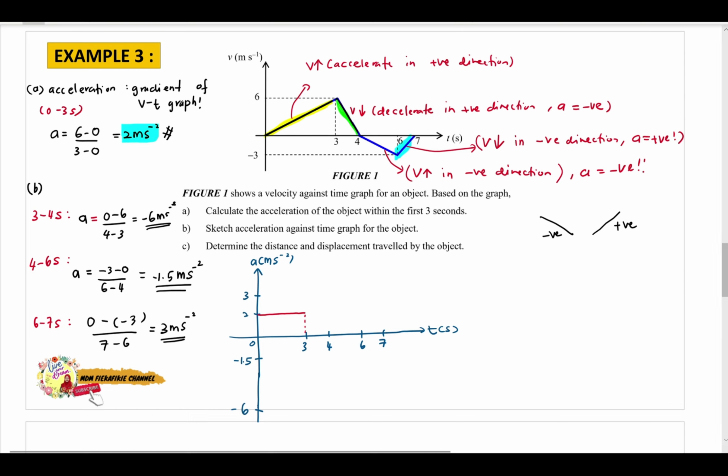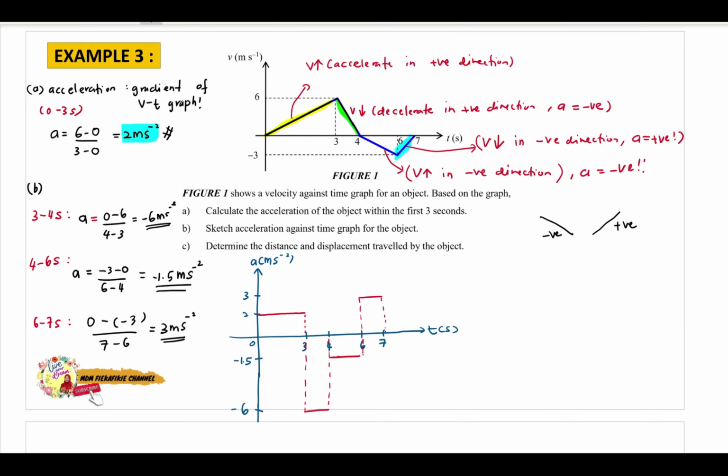And then from 3 to 4, so it is -6. And then from 4 to 6 seconds, it is -1.5 here. And the last one is 6 to 7, it is 3 meter per second squared. Okay, so finish question 3B.